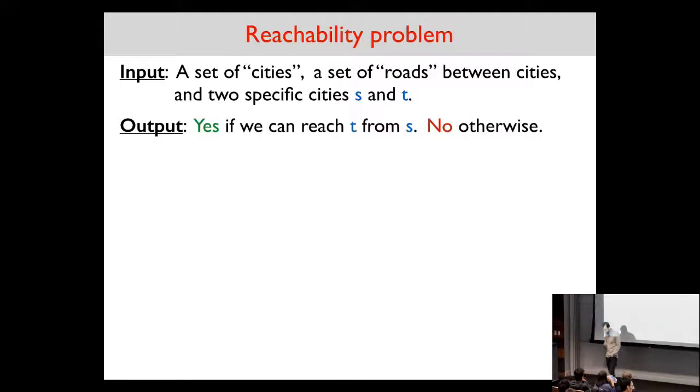This is called the reachability problem. Okay, so the input in this problem is a set of cities and a set of roads between these cities. And you're also given two specific cities in this collection, S and T. And the algorithm is supposed to output yes if we can reach T from S, if there's a path from S to T, and no otherwise.